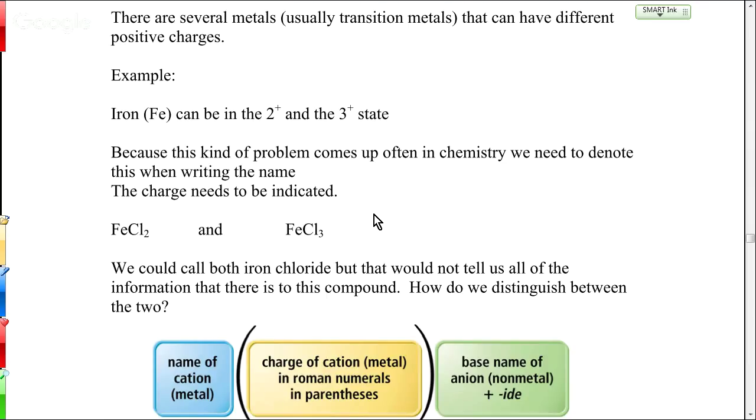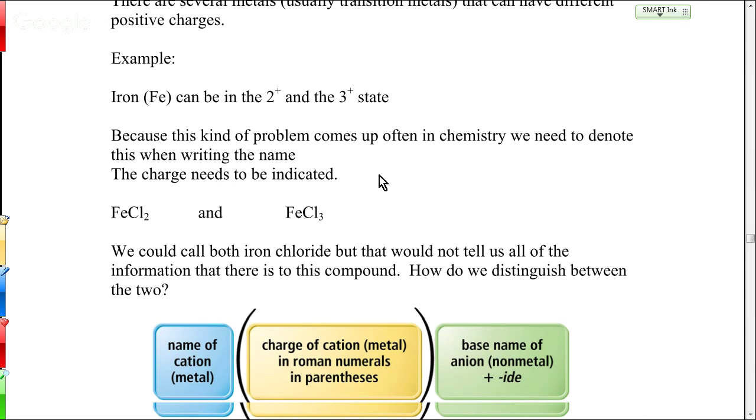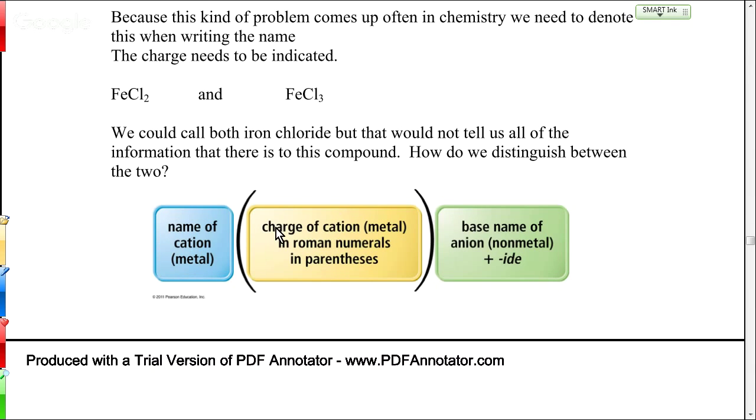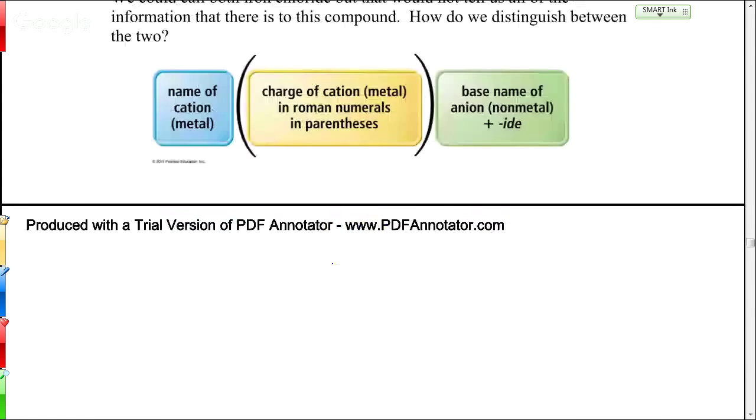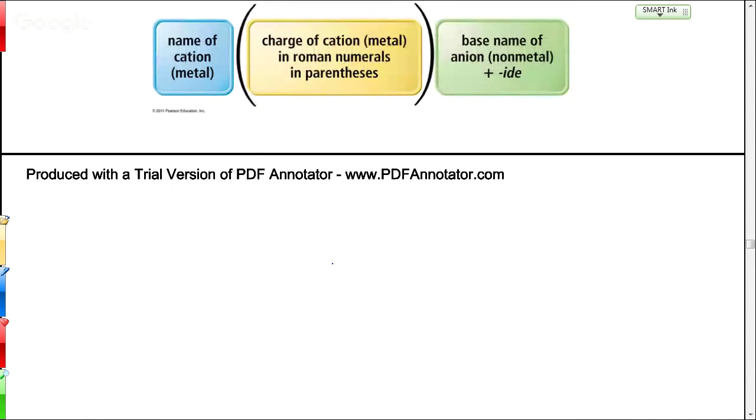And the way that we do that is when we have an ion where the cation can change its charges, we put the charge of the cation in Roman numerals in parentheses. So the rest of the naming is the same, but we add these parentheses to describe the charge of the metal. So that said then, let's give ourselves a little bit of room here.